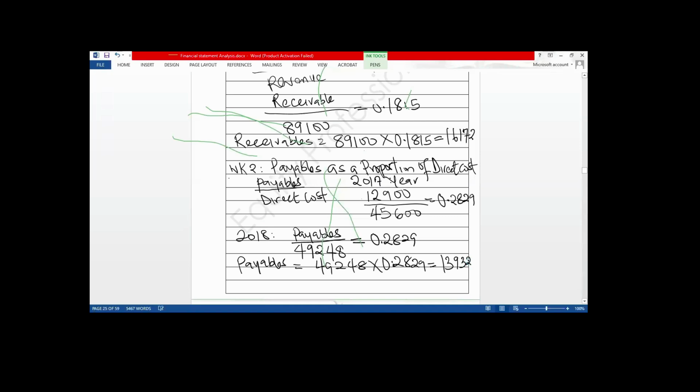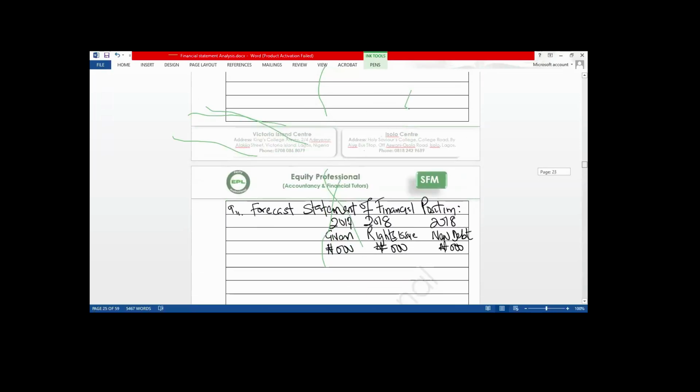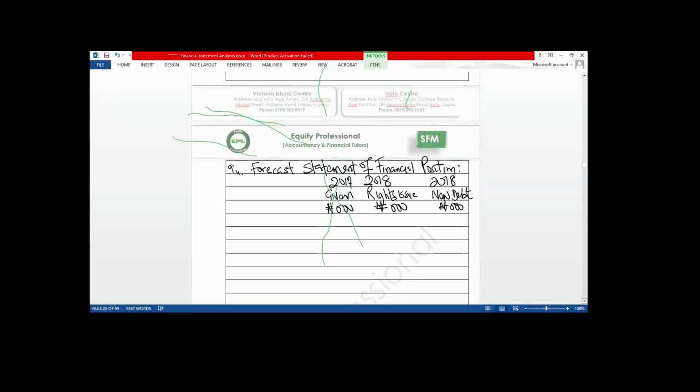You can now post, of course, receivables and payables. These are items of the balance sheet statement, that is the statement of financial position. You can now go and do your posting. You come here. Look at it. I'm now going to forecast the statement of financial position.